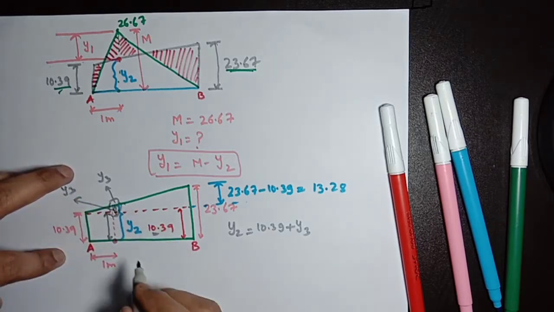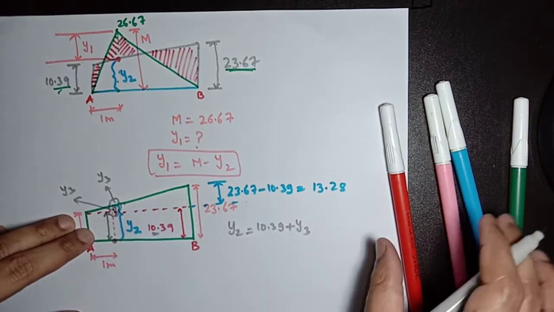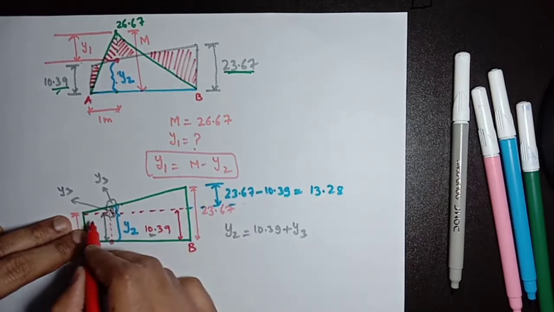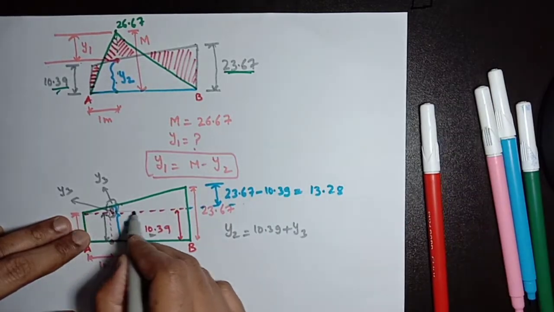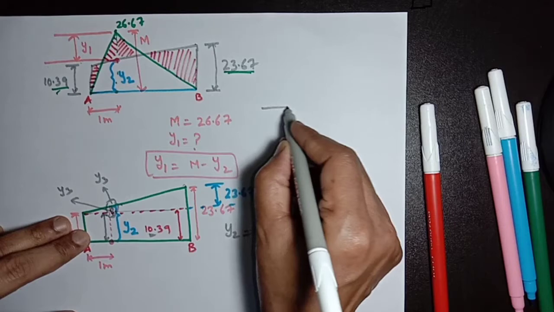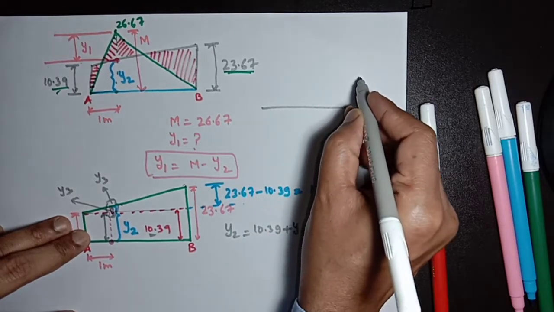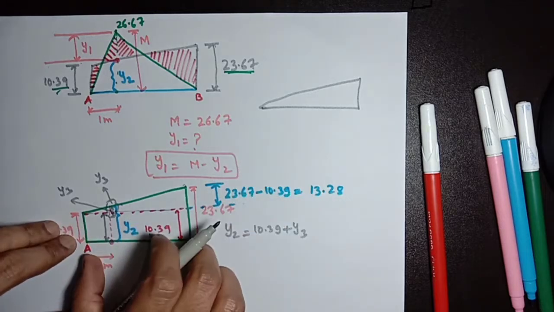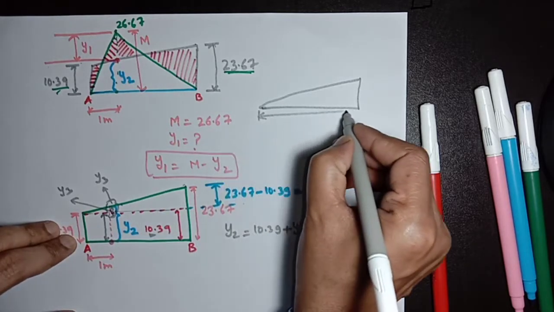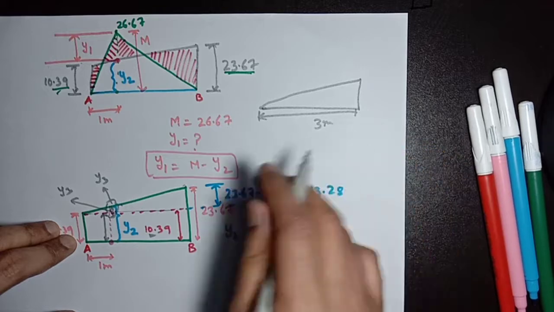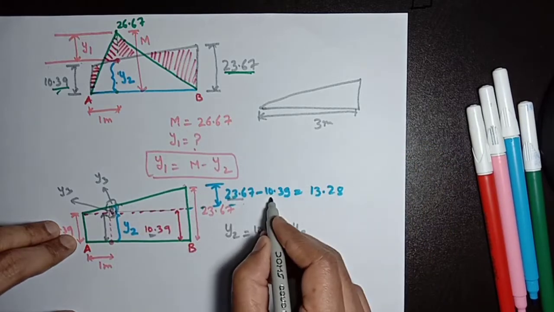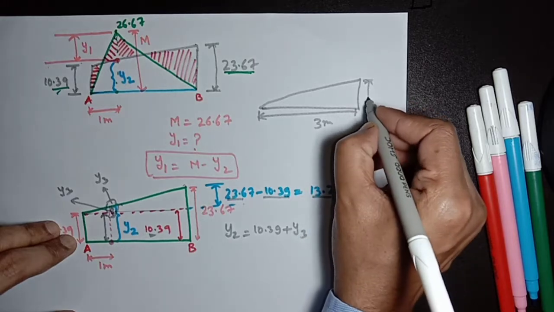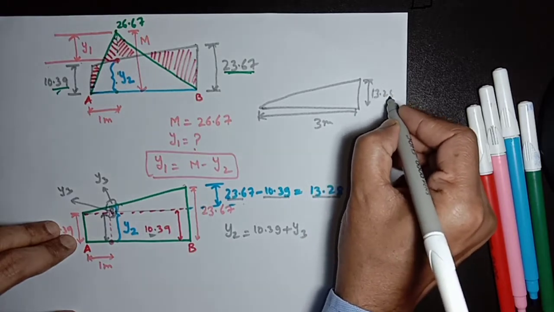Here you can see this is the y3. Now from the similar triangle we can separate out these two triangles. One triangle will be this one, its total length will be 3 meter. This value I have calculated, 23.67 minus 10.39, is 13.28.